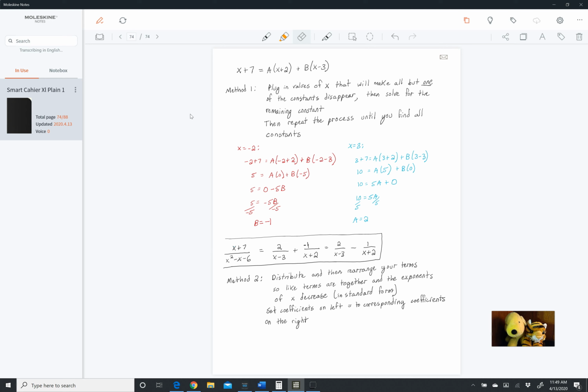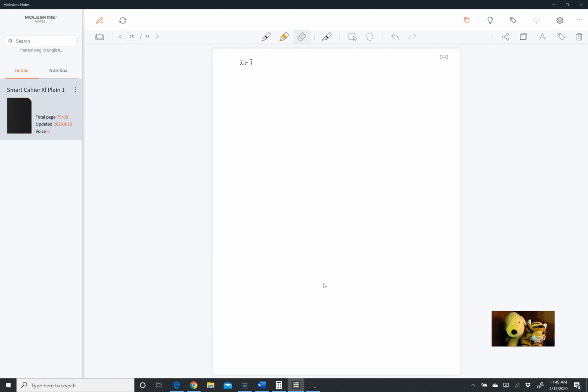Again, I'm going to rewrite this. We're going to do this on the other page, on the next page. So I'm going to rewrite it. We have x plus 7 equals A times x plus 2 plus B times x minus 3. So notice that very first step of getting rid of the denominators is the same.